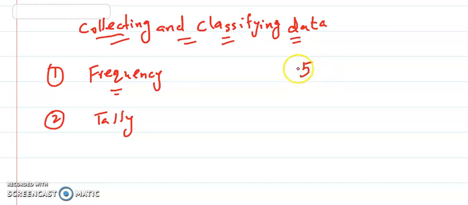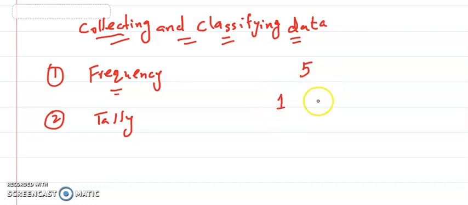If I write the number 5, it gives the information that we have 5 quantities. Now there is another way, instead of writing it in number form, and that way is called the tally way. Let's suppose I have the number 1.